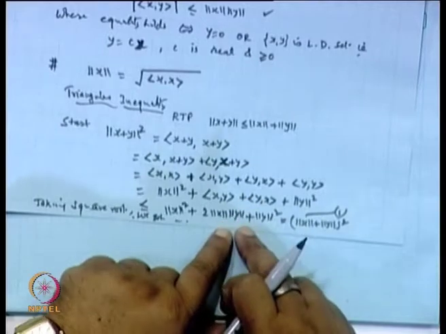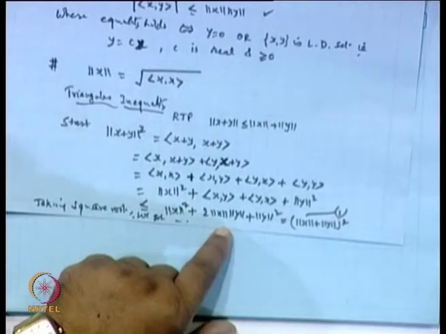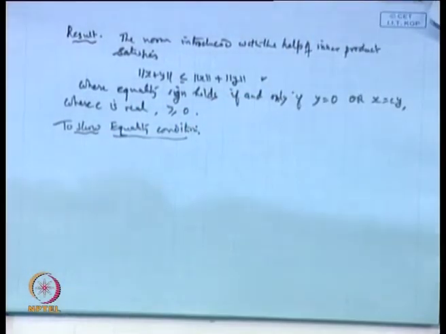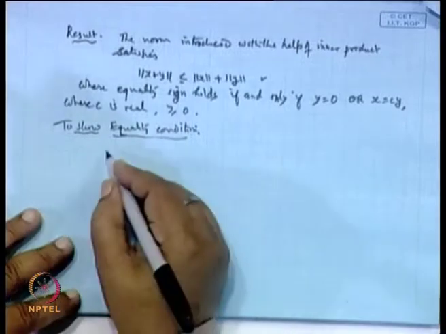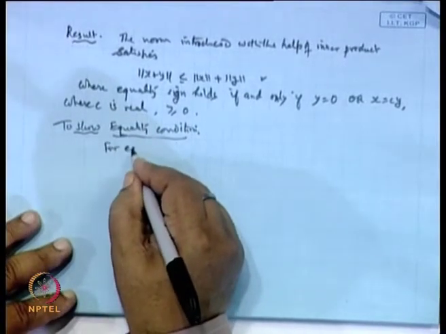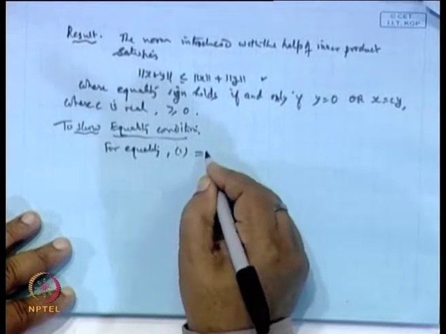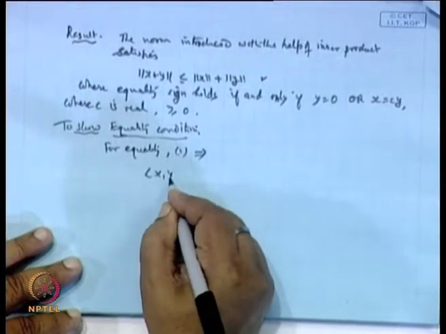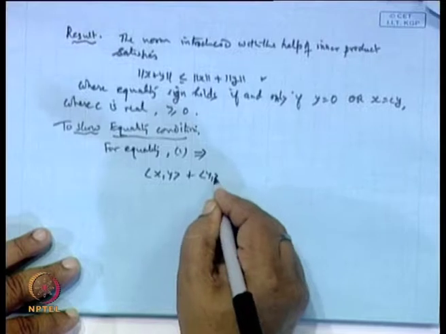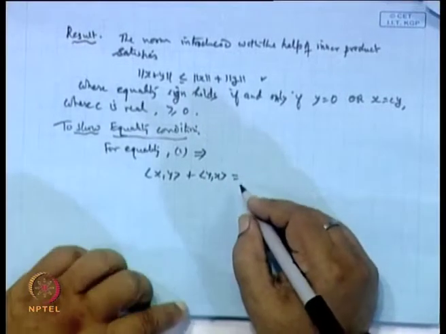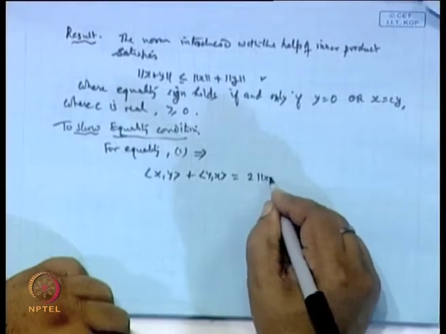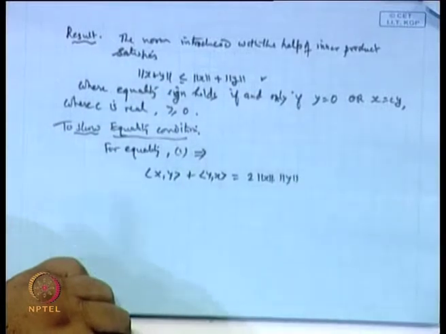So, from here the only problem is coming with this less than or equal to sign. So, let us see how we have, for equality, the one equation implies that the inner product of x y plus the inner product of y x must be equal to 2 times norm of x into norm of y, instead of less than, is it not?